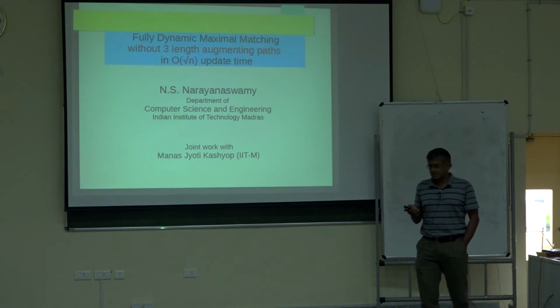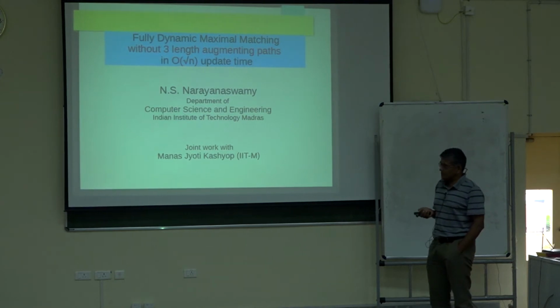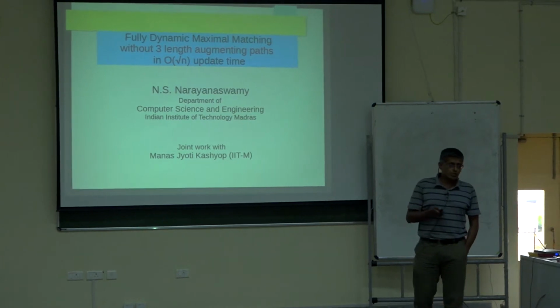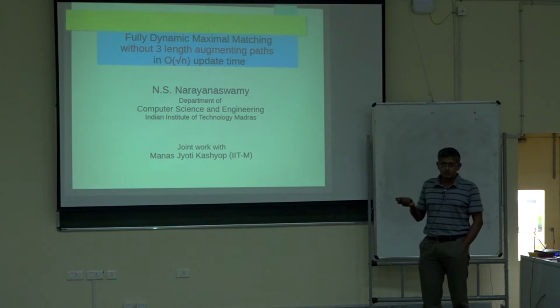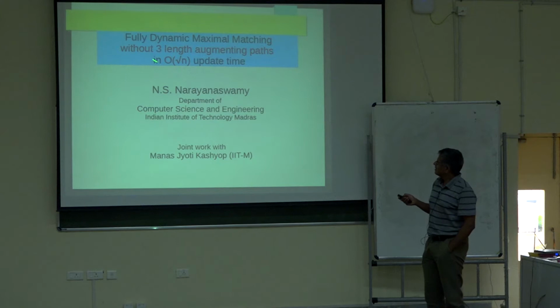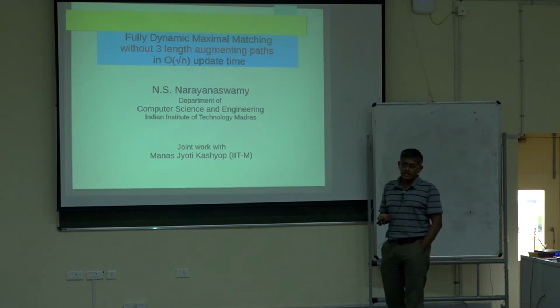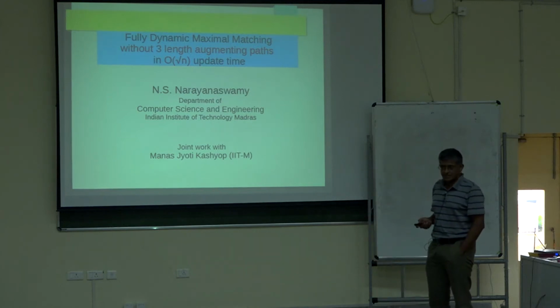The reason for doing this is that there are very good algorithms for maintaining maximal matchings, and we wish to maintain matchings without three-length augmenting paths because that would be a 2/3 approximation to a maximum matching. The matching that we would maintain would be at least 2/3 the maximum matching in the fully dynamic framework. And the hope is that we will achieve square root n amortized update time, and the algorithm will be randomized. And so that's the plan.